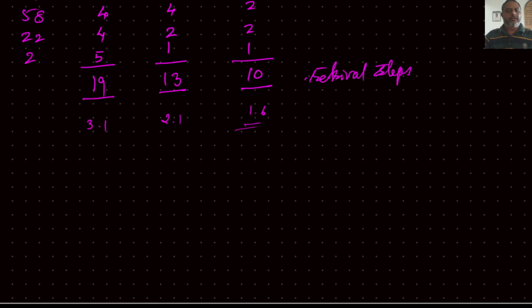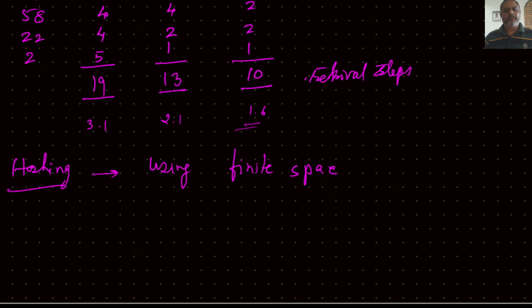So in all, hashing, what did it achieve? Using finite space, it achieved that. And in case of time, if you look at it, so this was 1, 1 is 2, 2 is 3.